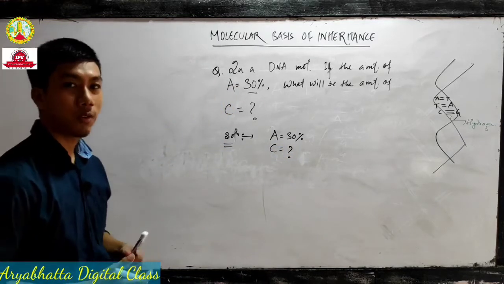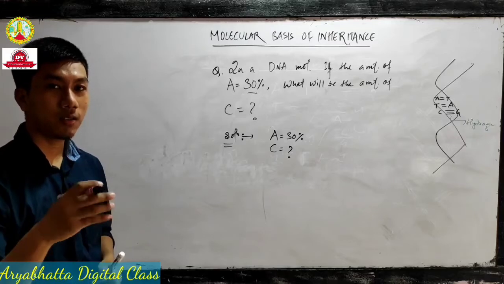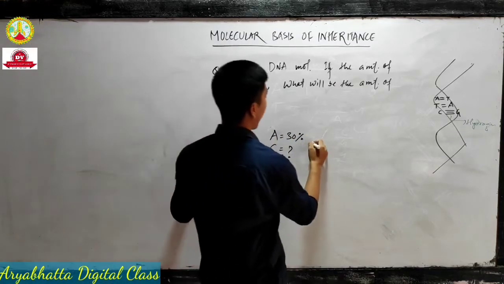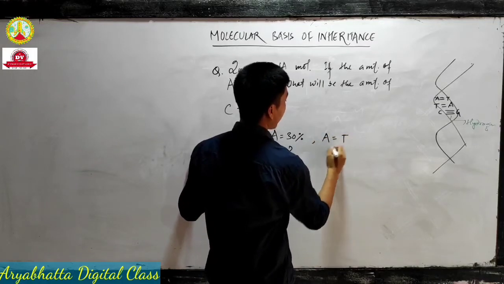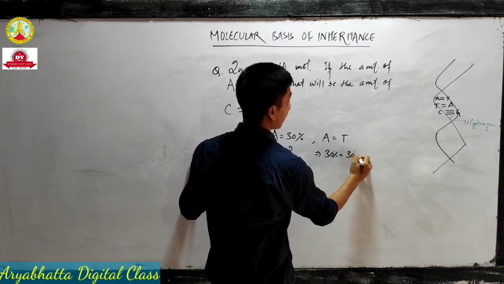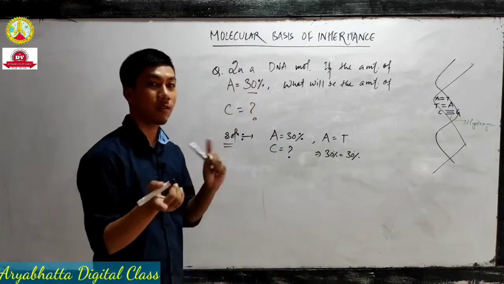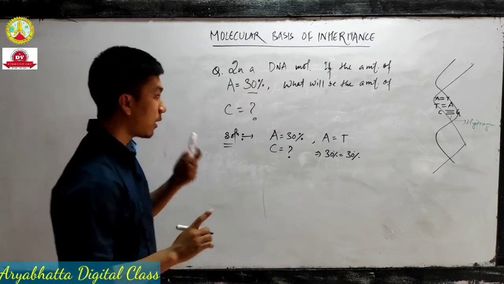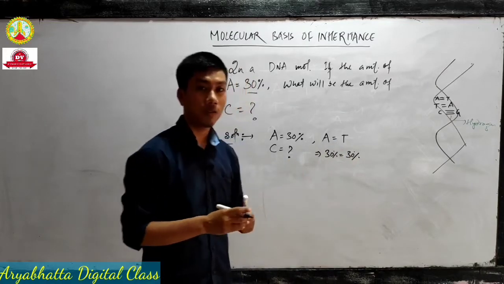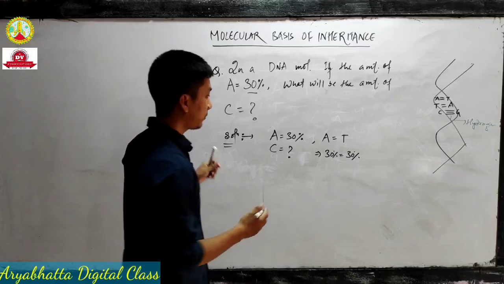According to Chargaff's law, adenine is always equal to thymine. So if 30% adenine is given, thymine will also be 30%, because adenine and thymine are equal, right? So if adenine is 30% and thymine is 30%, how much will cytosine be?